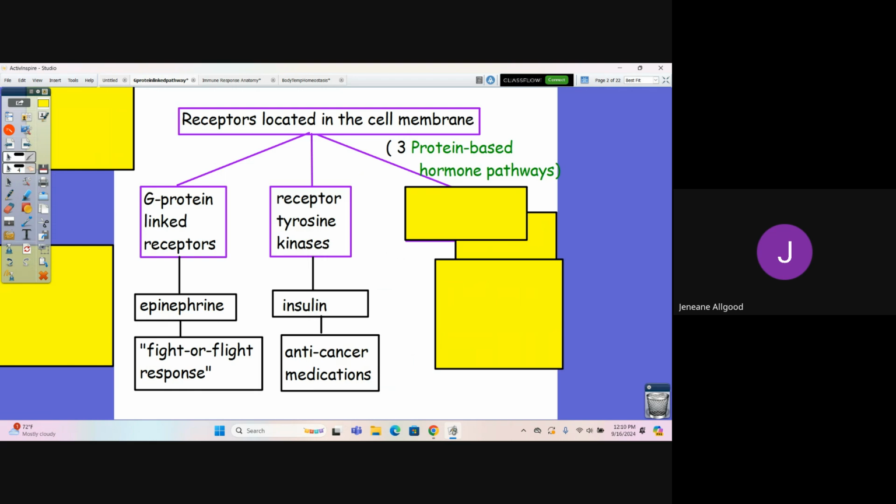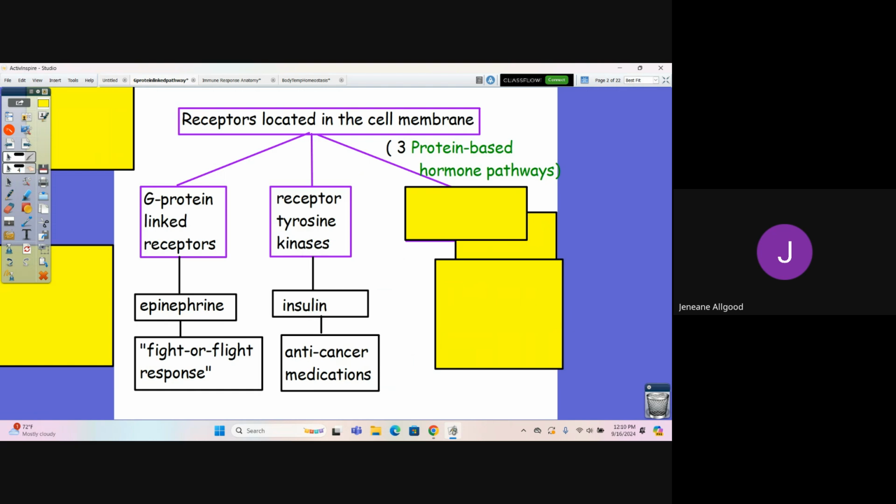The G protein pathway is one that a lot of medicines are based around. It's also the one that a lot of bacteria tend to affect, like Vibrio cholerae, which causes cholera. It will affect the G protein pathway.